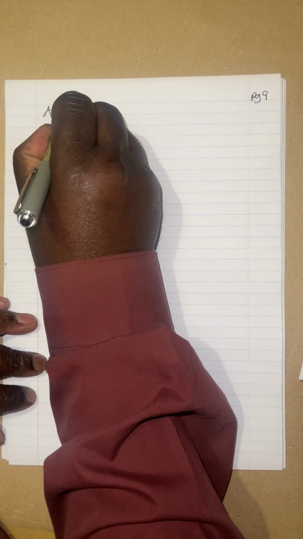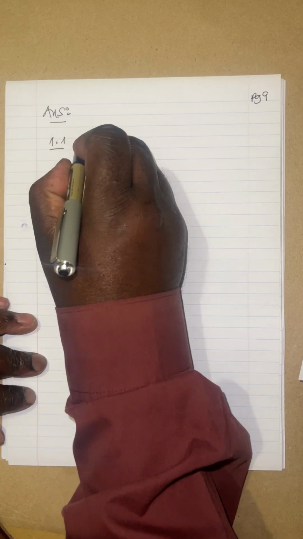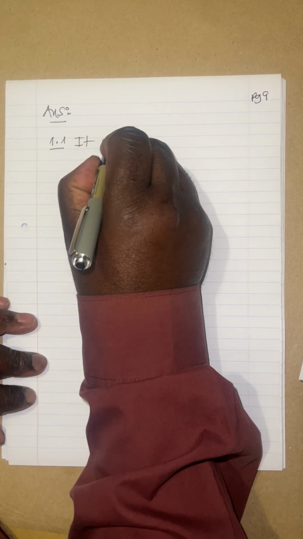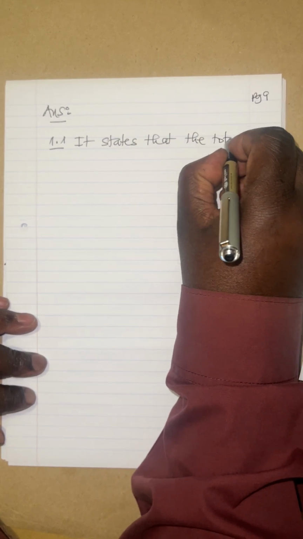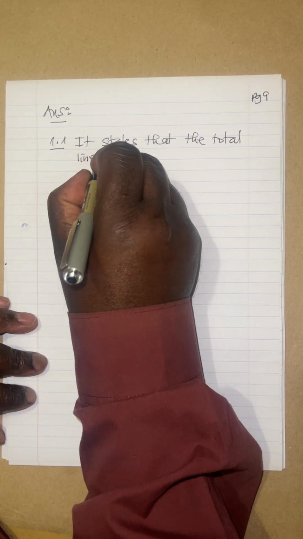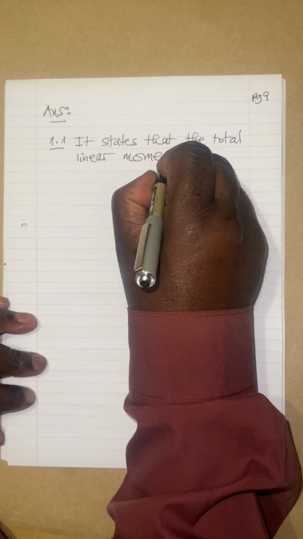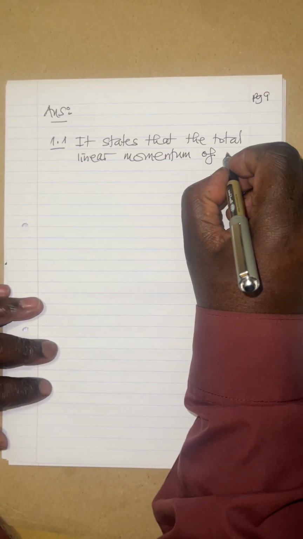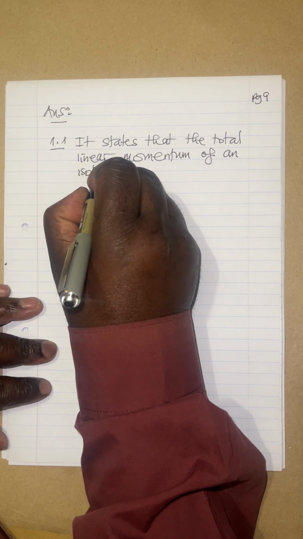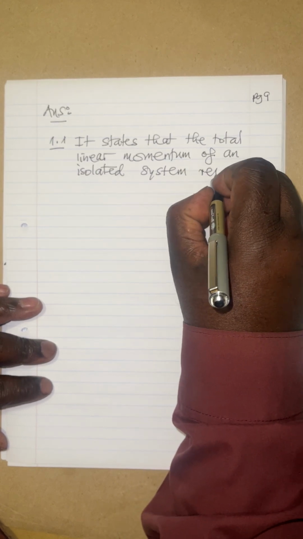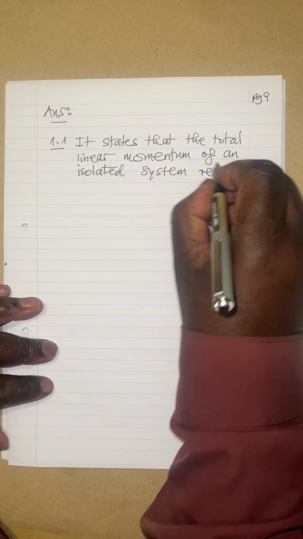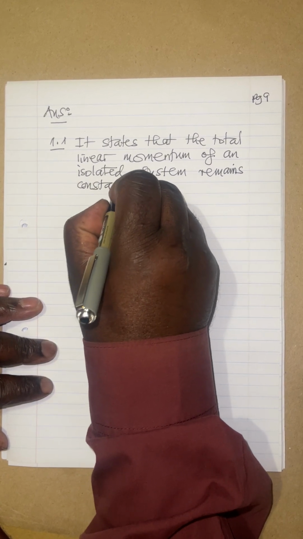Right, now state the law of conservation or the principle of conservation of linear momentum. Our answers: 1.1, we say that it states that the total linear momentum of an isolated system remains constant or is conserved.